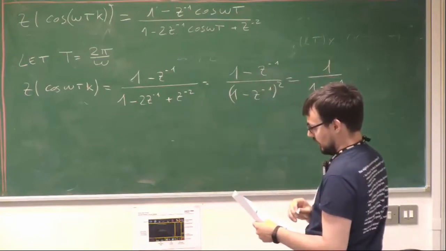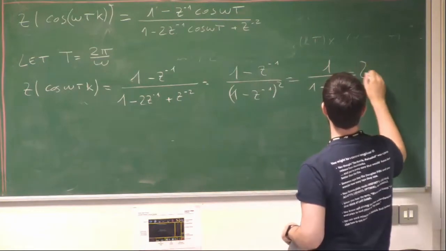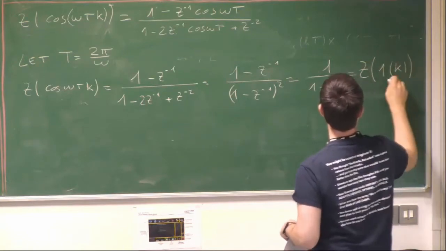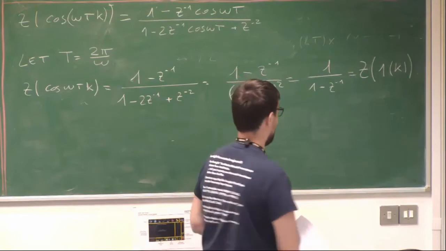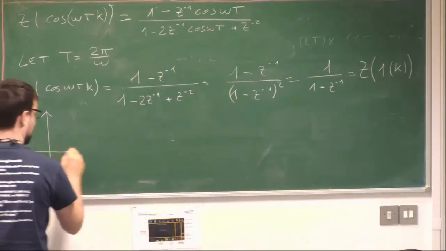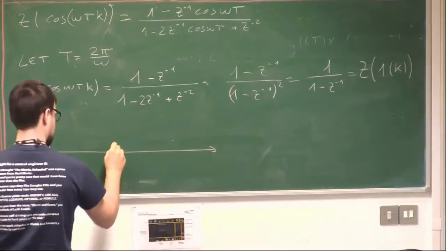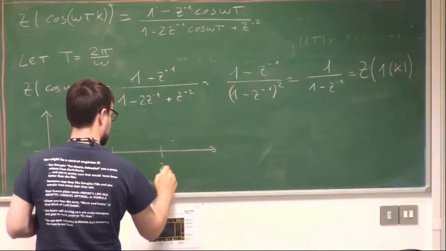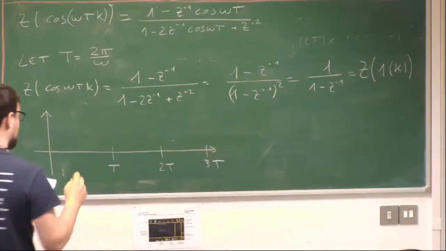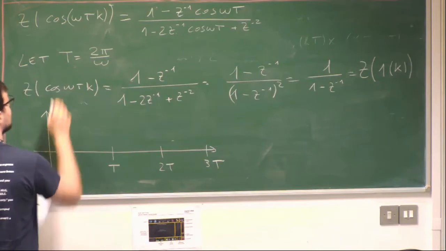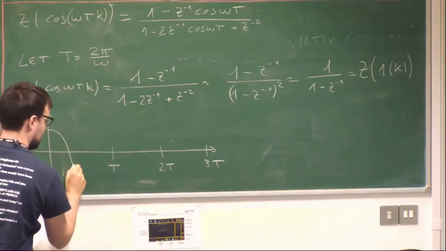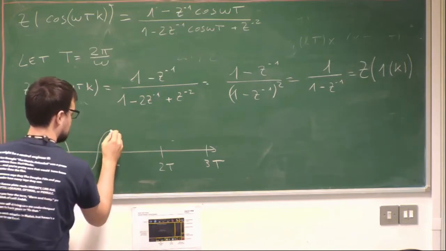And we know that this is the Z-transform of 1k, where 1k is the unit step function. So to understand what's going on, let's sketch the function. Okay, so let's put here capital T, here 2 capital T, here 3 capital T. And then we have that this function here with this sampling time is doing this.